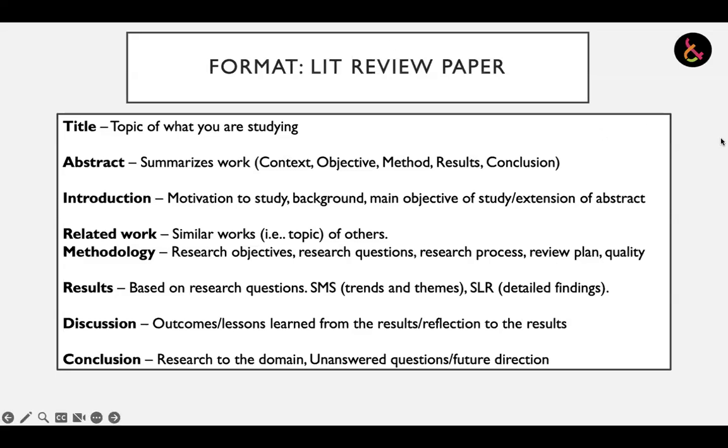So, as we have mentioned, you have to come up with a literature review paper as an output of this course, which is also required or even beneficial for your PhD thesis. So now, what we will be following in this class is to give you a sort of tips of how to write this literature review paper.